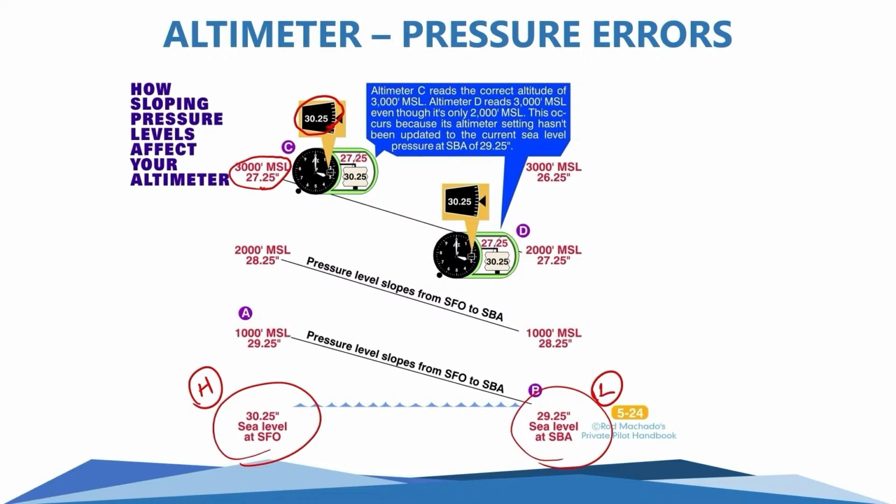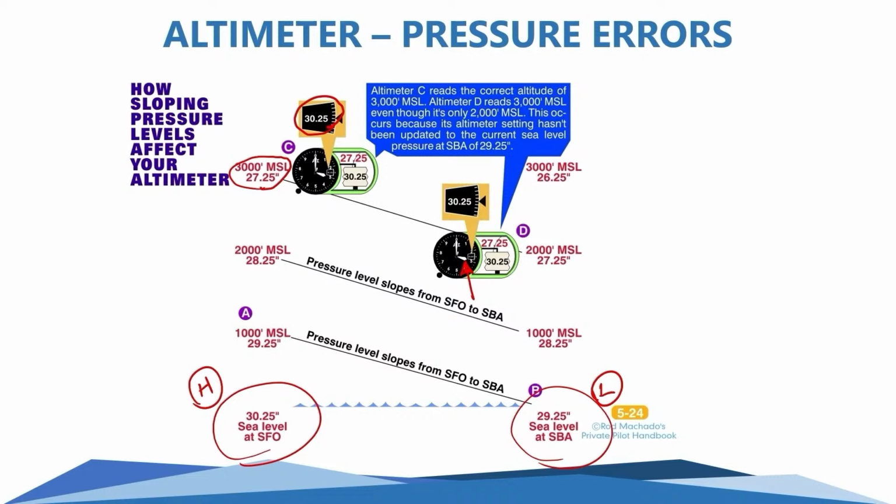Okay. As they fly to Santa Barbara, you'll notice that they are still indicating 3,000 feet because they haven't actually adjusted their local altimeter setting within that Kollsman window. The problem with that is, as we like to say, from high to low, watch out below.